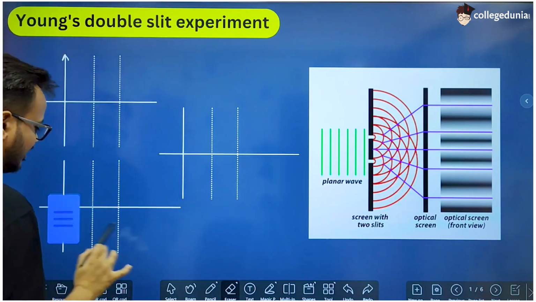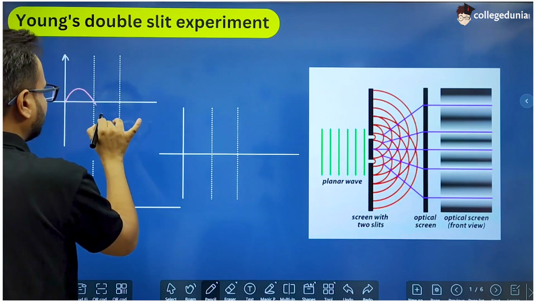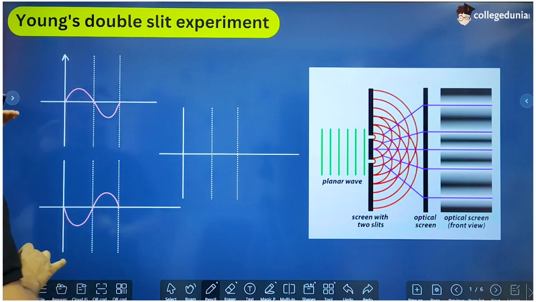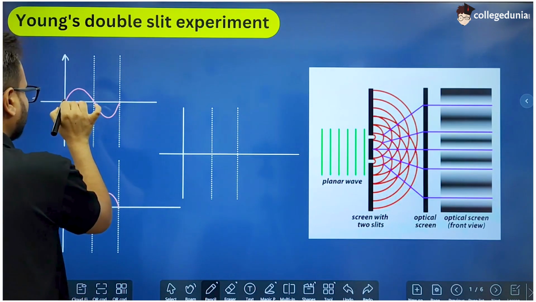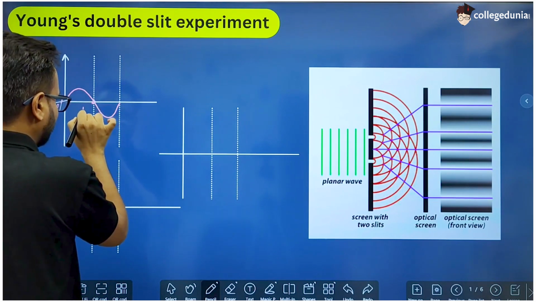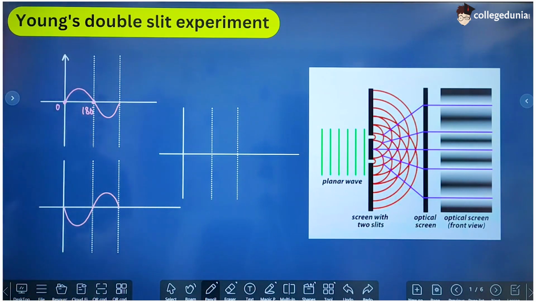Now, if the waves are like this, one wave is this and the other wave is this, we will say that there is a phase difference of 180 degrees between these two waves, because here is the zero of this wave and this is the 180 degree phase point of the other wave.